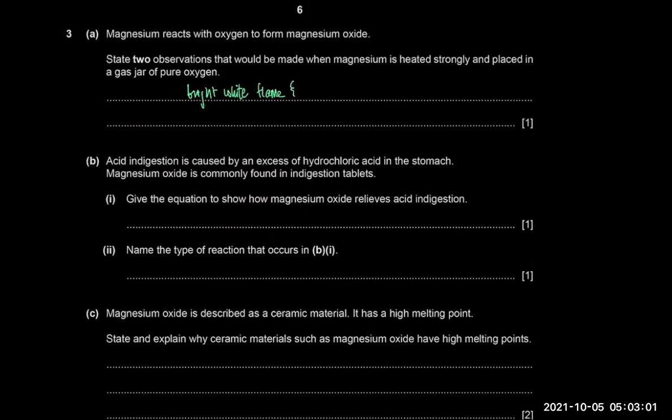The silvery metal, what would it turn into? White powder, right? Solid, yeah, essentially a white powder, exactly. So, a white solid will be produced, right? Bright white flame observed. White solid is produced, okay.